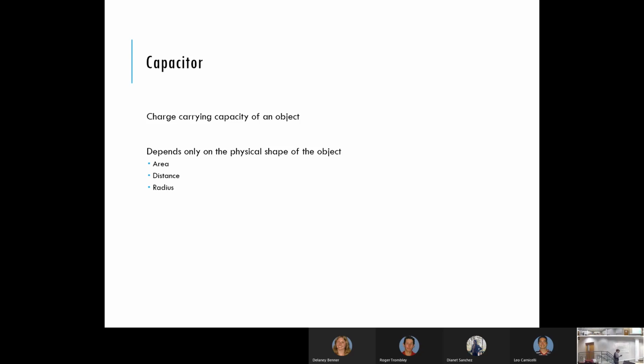So, for example, the distance between the outer layer and the inner layer, or the overall shape. If your cell is spherical in shape, then that will dictate the overall capacitance, the overall ability of the cell membrane to preserve a charge difference.